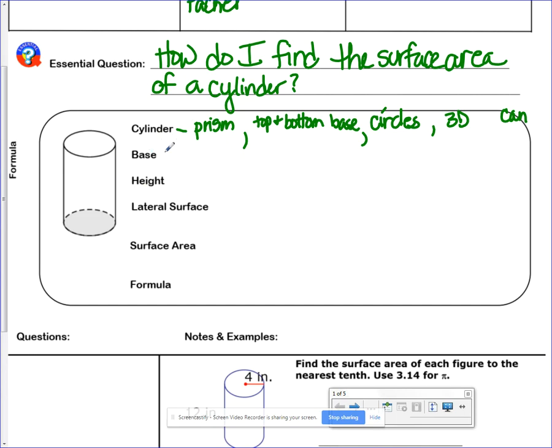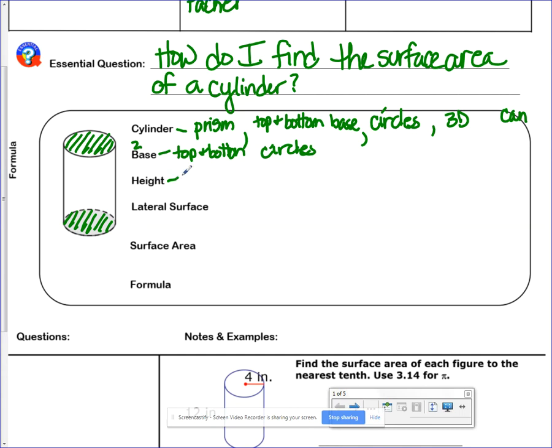The base is the shape that is the top and the bottom. In this case, there are two of them, exactly the same size, and they happen to be circles. On your diagram, you can shade in the top base and the bottom base. They're exactly the same size because it just goes straight up.